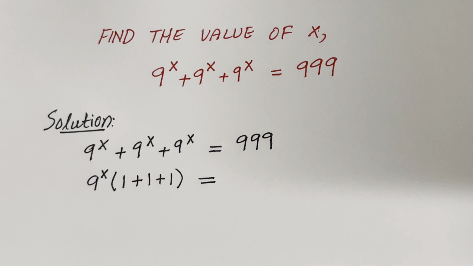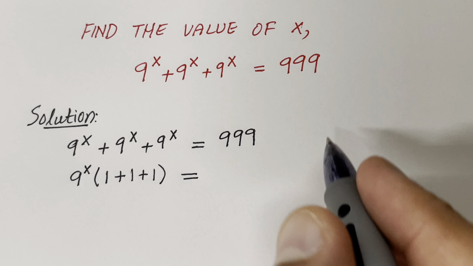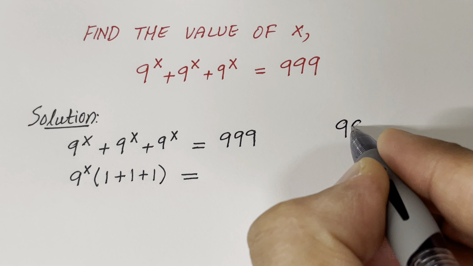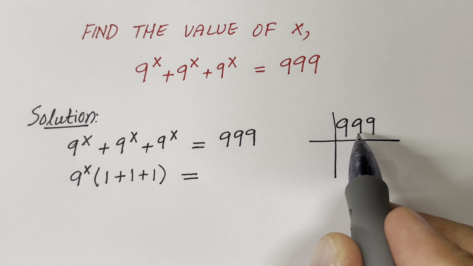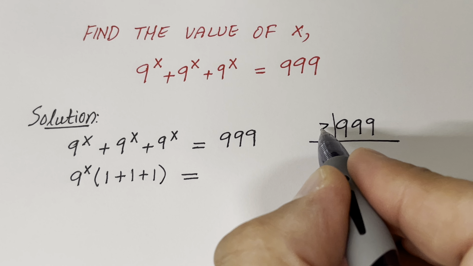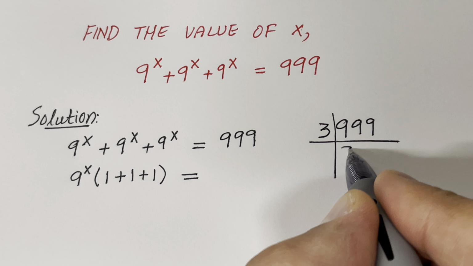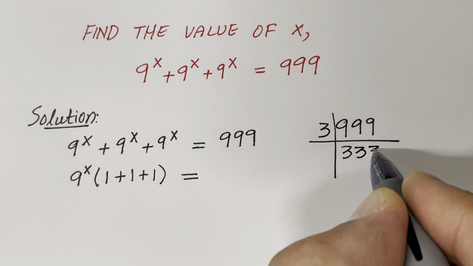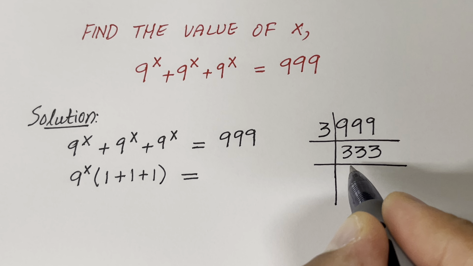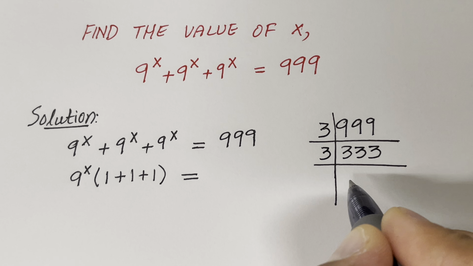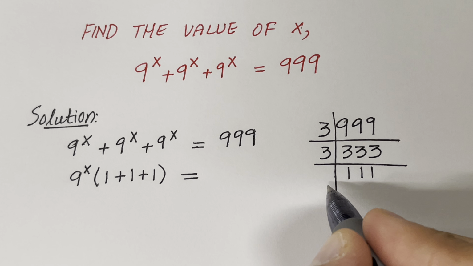And on the right hand side, let's find the factors of 999, and the easiest way is like this. Since 999 can be divided by 3, if you divide 999 by 3, then 3 3s are 9, 3 3s are 9, 3 3s are 9. Similarly, let's again divide 333 by 3. Then the answer is 111.